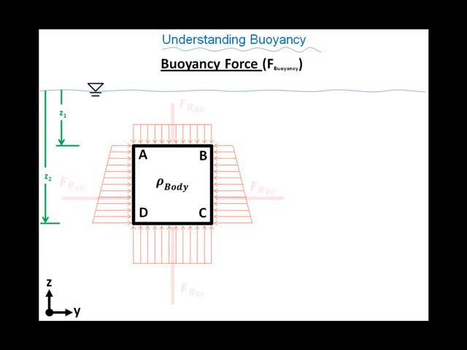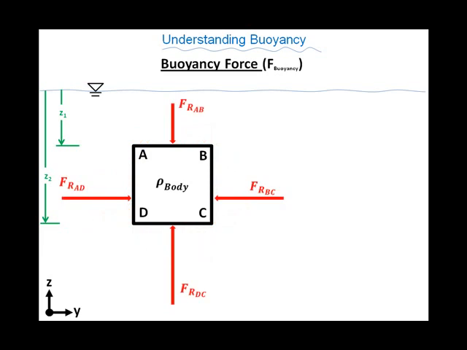Now, you learned previously how to resolve those pressure distributions into resultant hydrostatic pressure forces. I've done that, and you can see that I have forces on all 4 sides acting inward. Note that the forces on face AD and BC are not acting directly through the centroid. They're acting where the centroid of their force distribution would be, which we could derive from their pressure distributions.